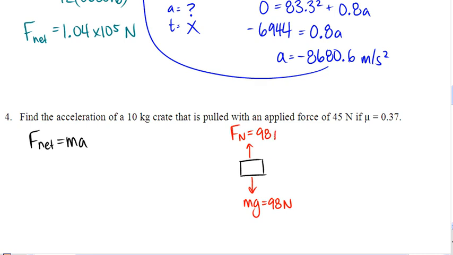And that is equal but opposite, 98 newtons. Here we're pulling with 45 newtons. I'm going to call that FA for applied force. And we've got the force of friction fighting backwards. That's equal to mu times the normal force. And we've got both of those. 0.37 times 98.